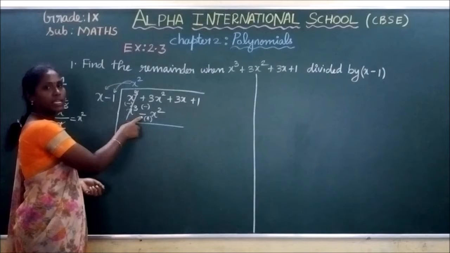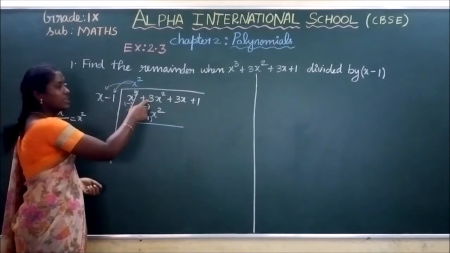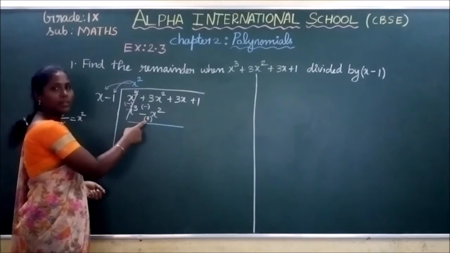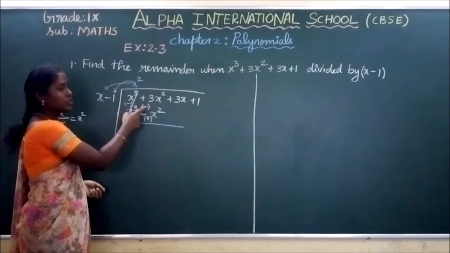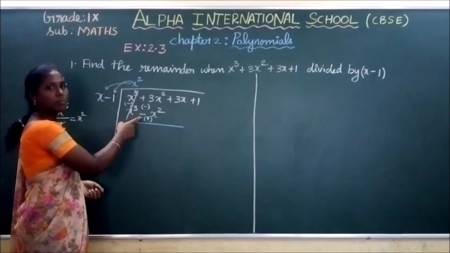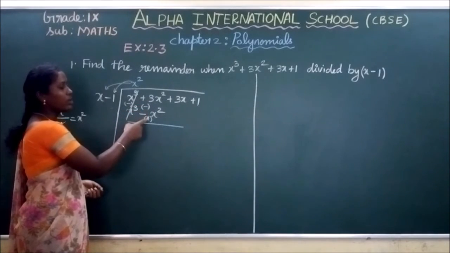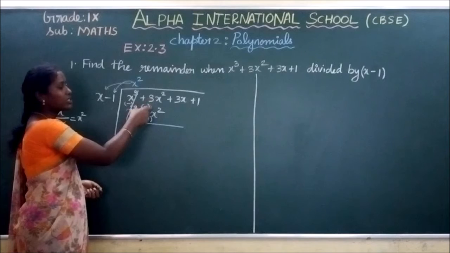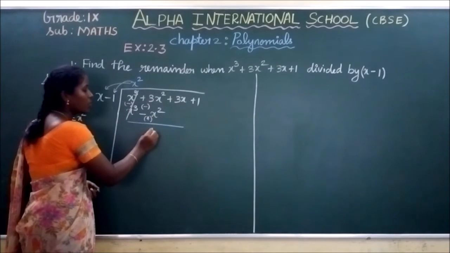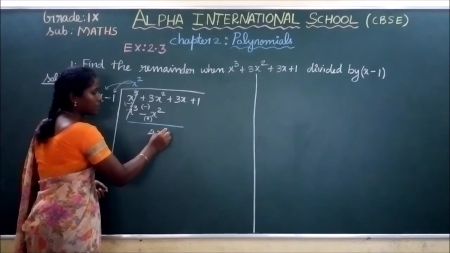Minus into minus will become plus. So 3x square plus x square. Because two signs multiply, minus into minus will become plus. So 3x square plus, consider this is 1x square. So 3x square plus 1x square is 4x square.